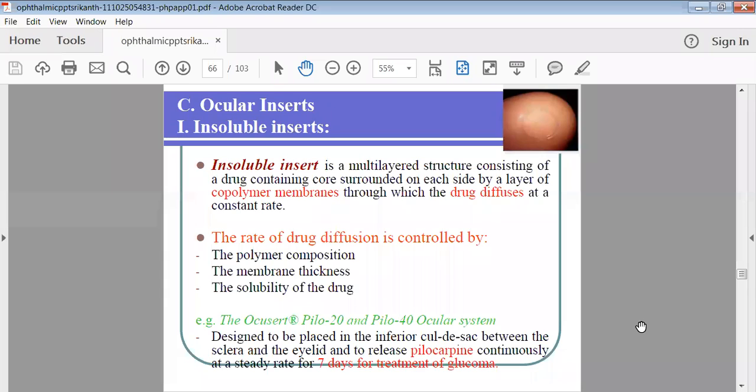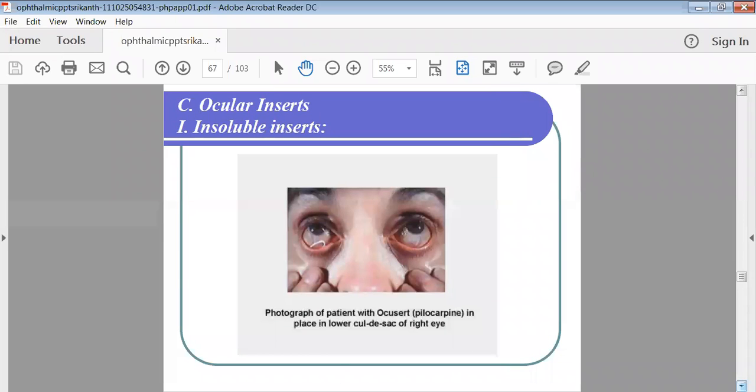When we insert it for the 7 days, it will continuously release the pilocarpine. So it is used for the treatment of glaucoma. See, this is the picture I have shown. Such rings we have to insert in your eyes, and it will not cause any irritation and will remain as it is there.